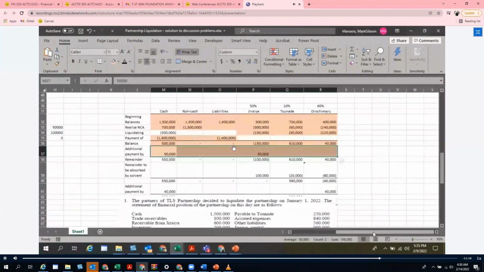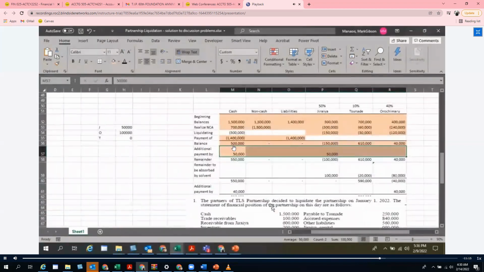So next step is palaging ganito, ha, class. Every time a transaction has transpired, we have to calculate the remainder para hindi nakakalito. At least during the undergrad, you have to practice solving problems and creating your solutions in good form, kasi right now ang kino-compute natin is palagi yung end result, how much would be the final cash settlement to each partner.